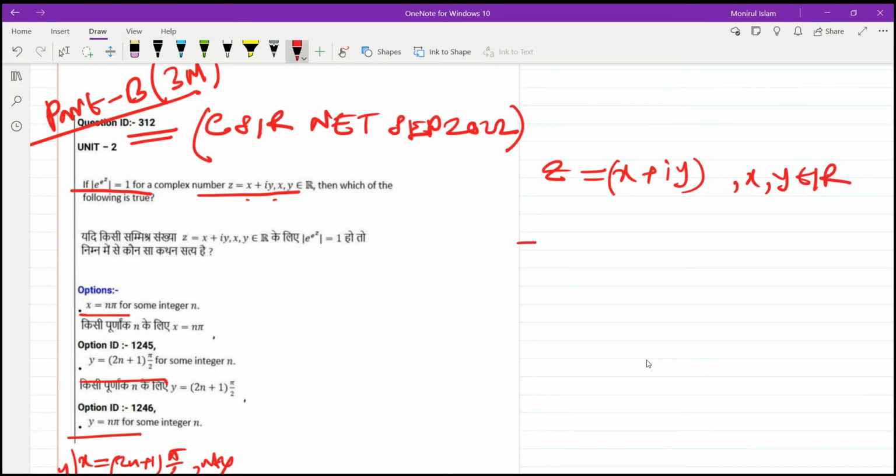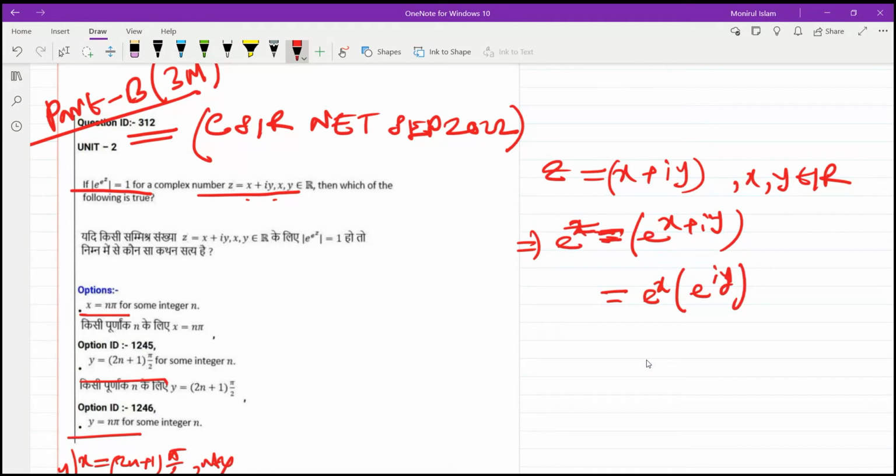So what will be e^z? e^z will be e^(x plus iy). You can write it as e^x into e^(iy). By Euler formula, you can write e^(iy) as cos y plus i sin y. This is the Euler formula.